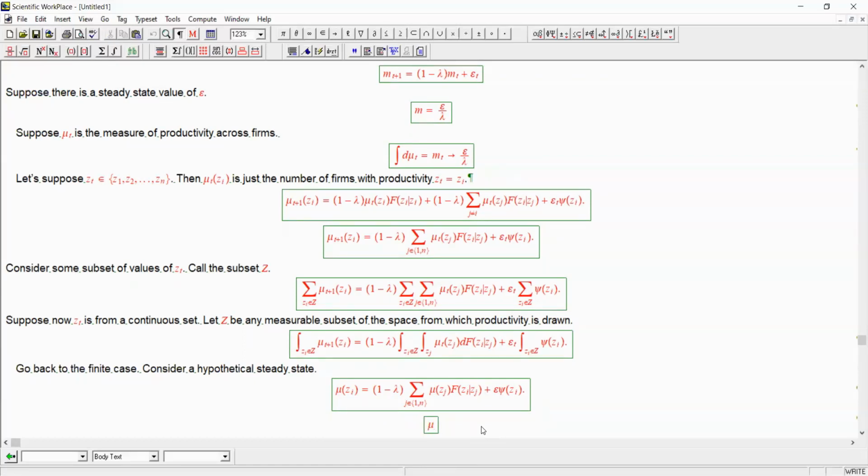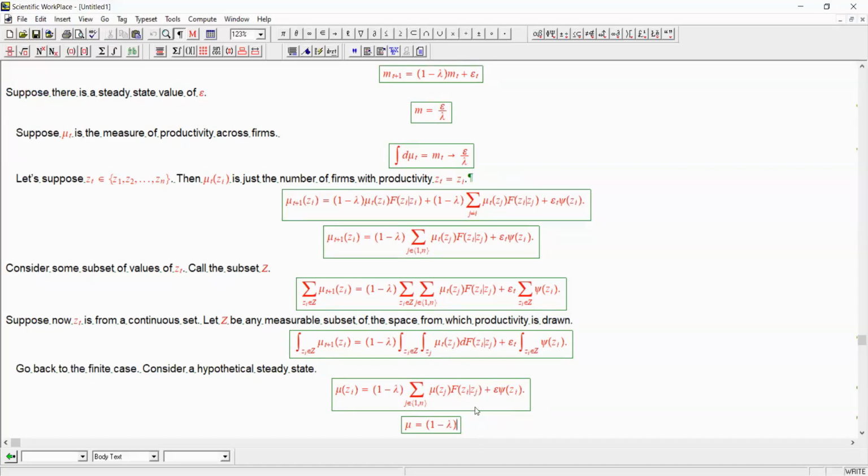Just call that mu. This is equal to 1 minus lambda times, well, this is a vector mu. This is a matrix, right? It's a matrix that tells you, give me one Zi, let's say, and I will tell you the probability that you get there out of some zj.